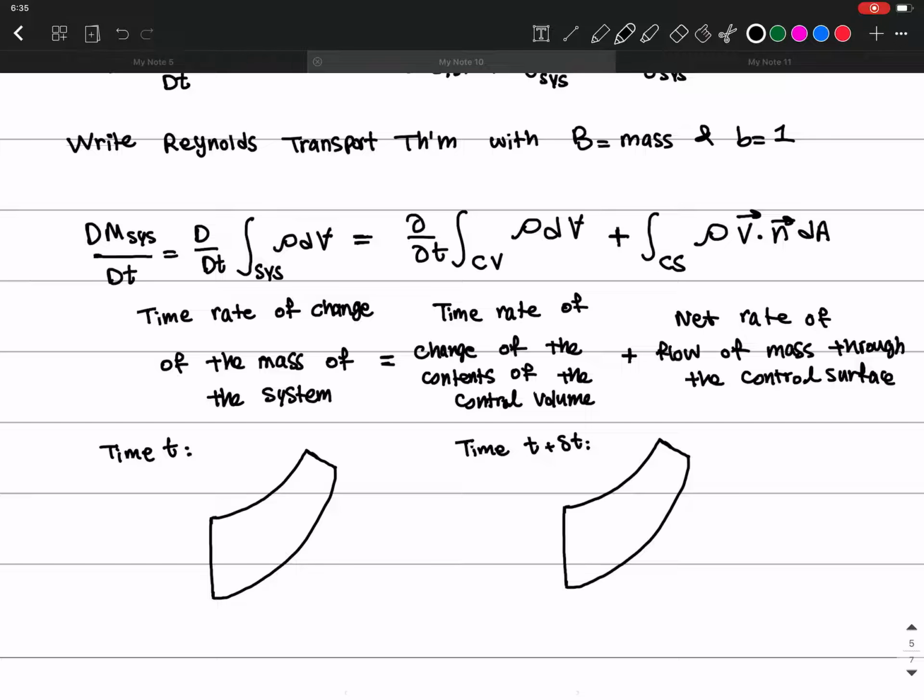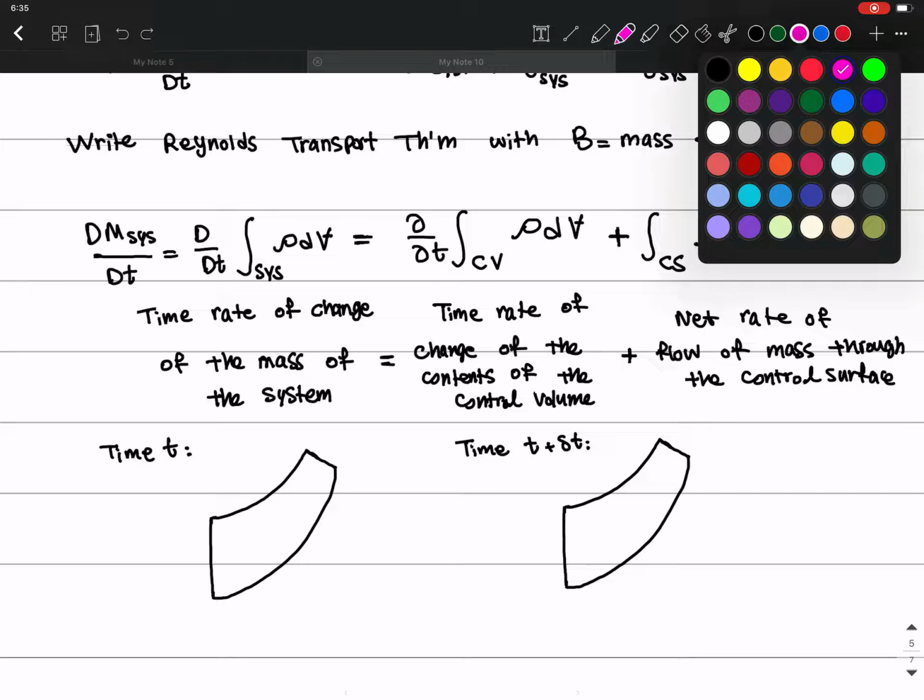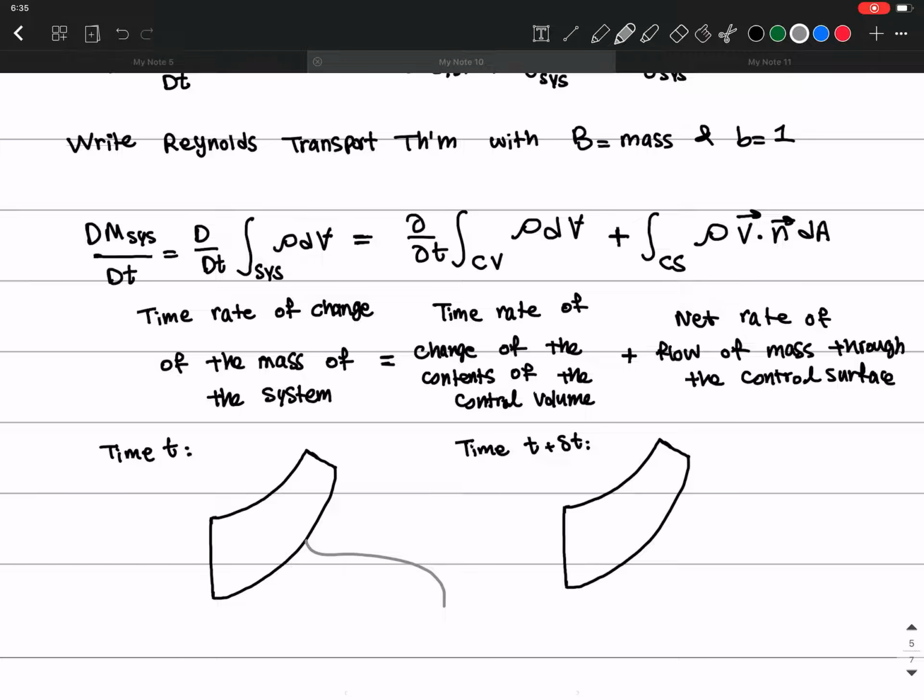So these are both, again, let me show them with another color, maybe with this. These are both fixed control volume, or CV. Okay.